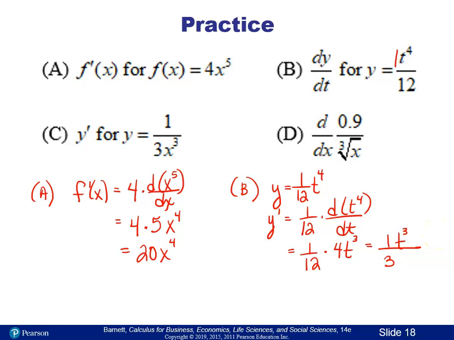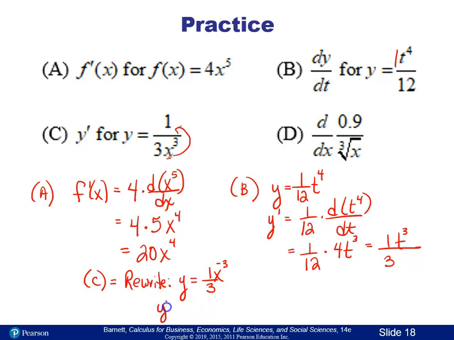All right, for C, we've got, okay, we need to do a rewrite. Okay, so y is going to be 1/3. The x is the part that's the problem. The 3 is fine. So when I move this up, it's going to be x to the -3rd.